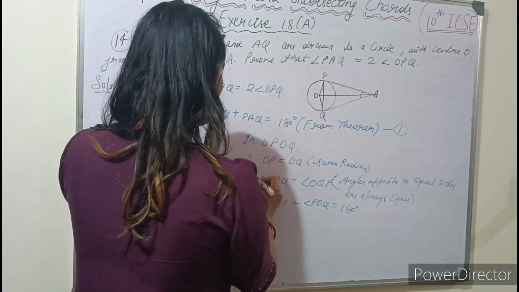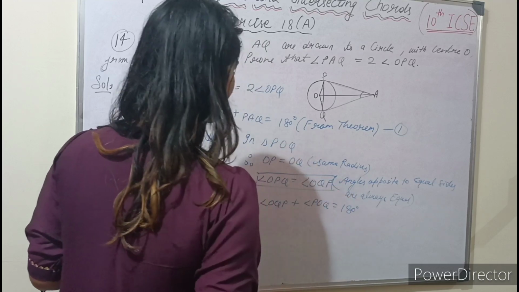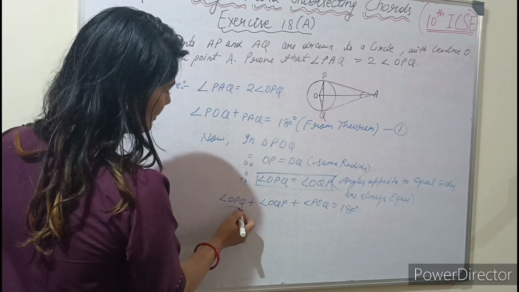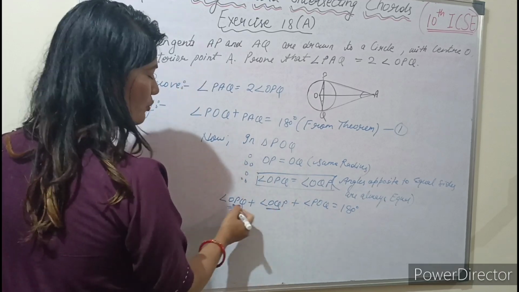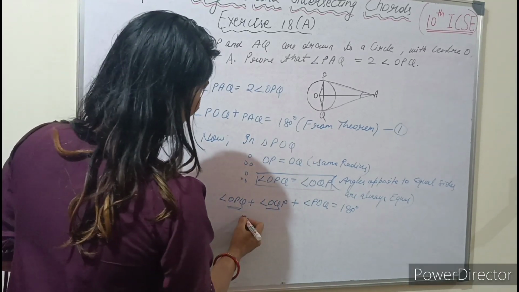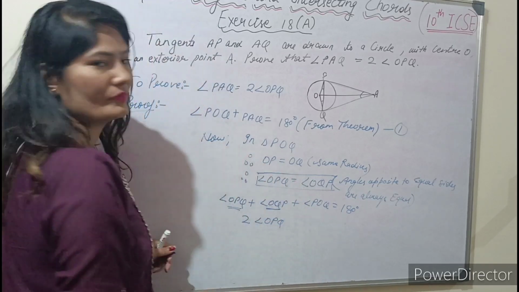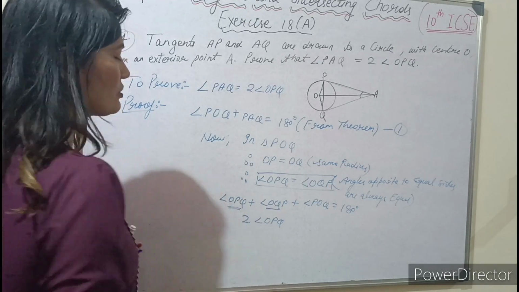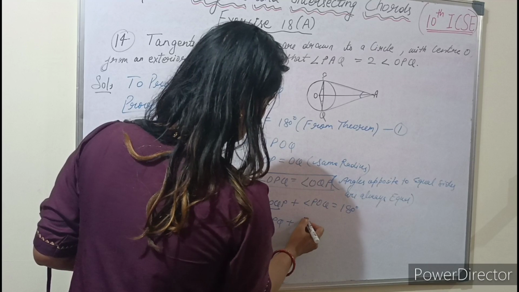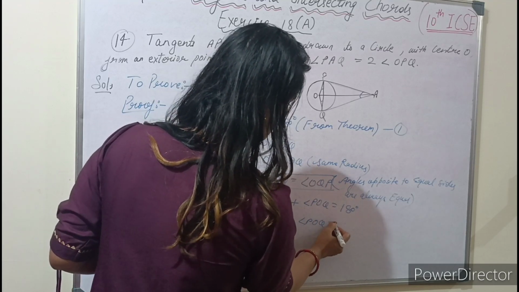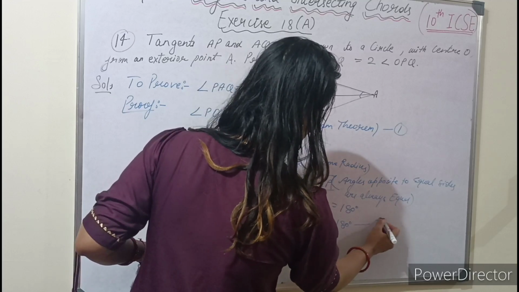So just now we got that angle OPQ is equal to angle OQP. So as both the angles are equal, I can write twice of angle OPQ plus angle POQ is equal to 180, and this is your equation 2.